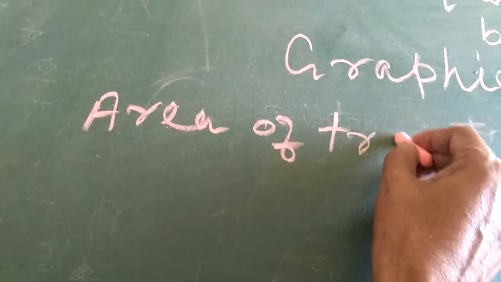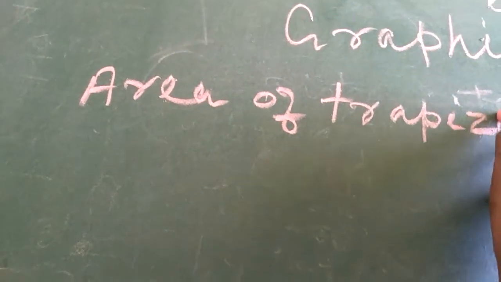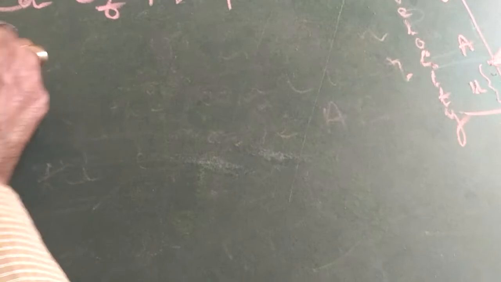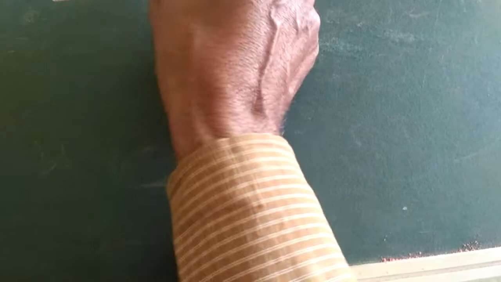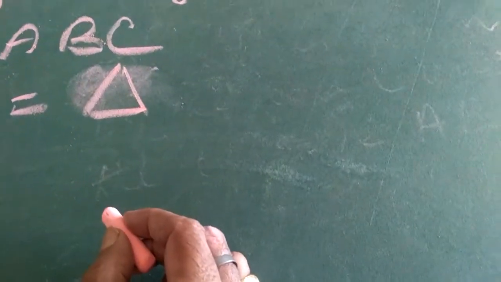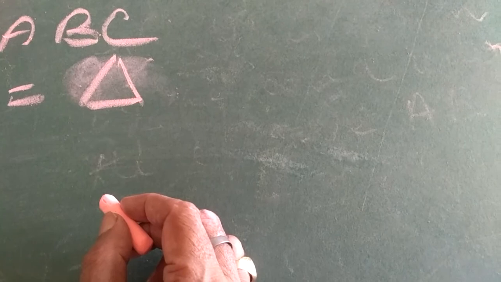Area of the trapezium OABC is equal to area of the triangle ABD plus area of OADC.